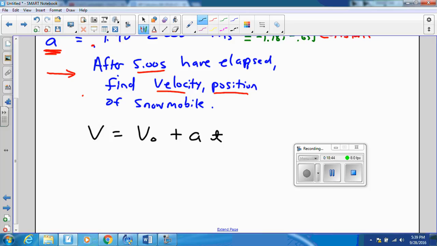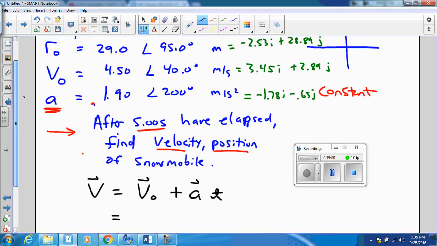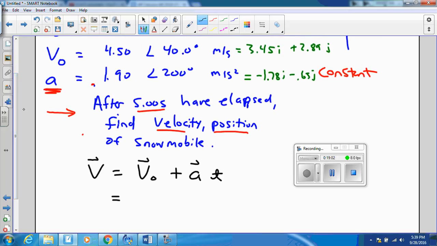But, you ask, does it matter that my acceleration and initial velocity are given to me as vectors? Not at all. Because what happens in the x stays in the x, and what happens in the y stays in the y. And so as a result, I can treat the x components and the y components as independent of each other.